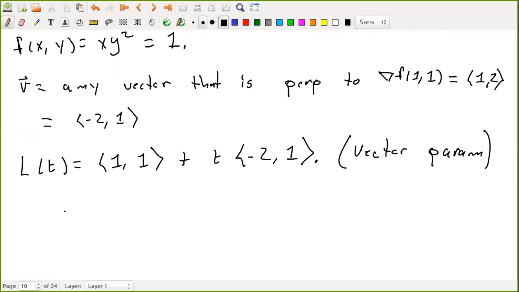But remember, we can also find a line in the form of y is equal to mx plus b, or we could write it as ax plus by is equal to c.